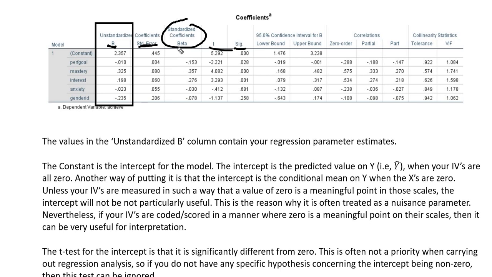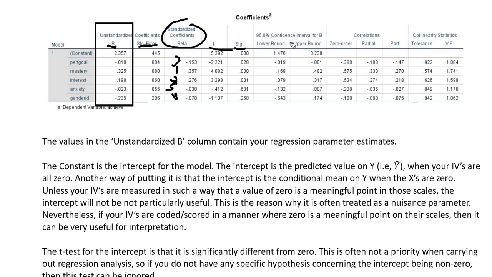Because of that, it makes these coefficients scale free. So we can take the absolute value of these coefficients and rank order the independent variables in terms of their relative contribution. You can see right here mastery has the strongest predictive relationship, followed by interest, followed by performance goals, followed by gender ID, that's number 4, and then followed by anxiety, which would be number 5 right here.